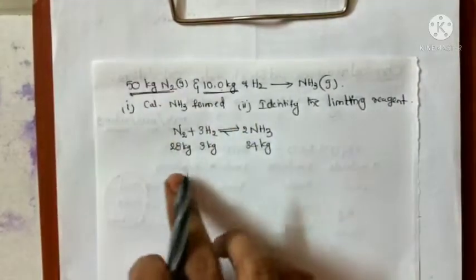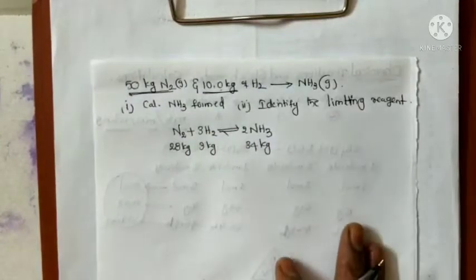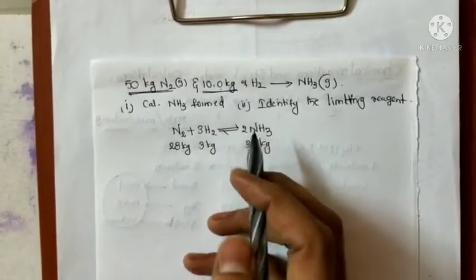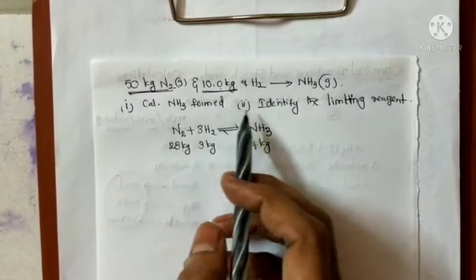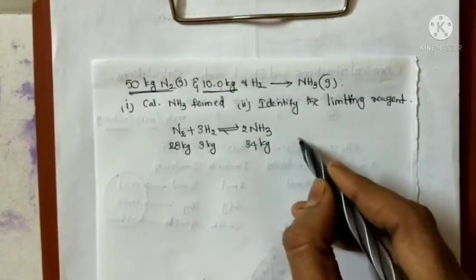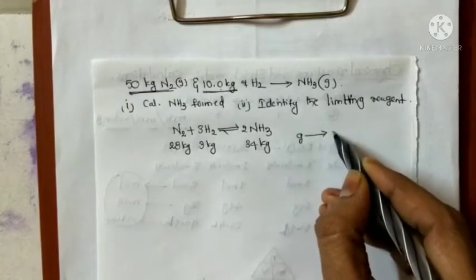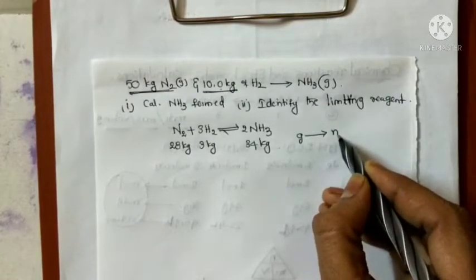We write according to kgs. So now whenever we find the limiting reagent, if the quantities are in grams or kgs, the first step is to convert mass into number of moles.